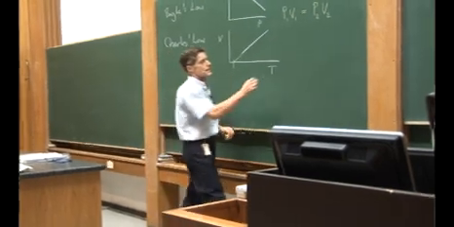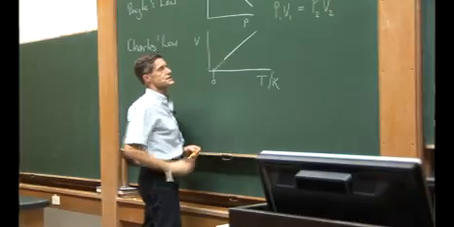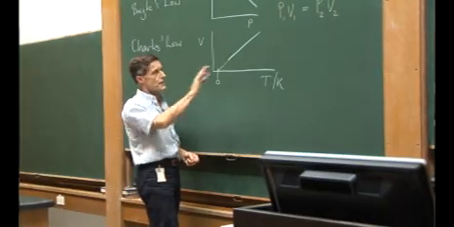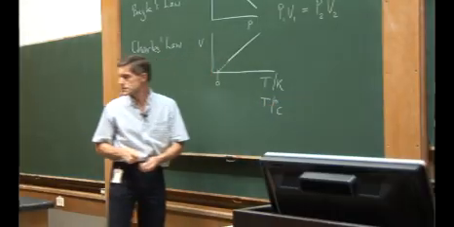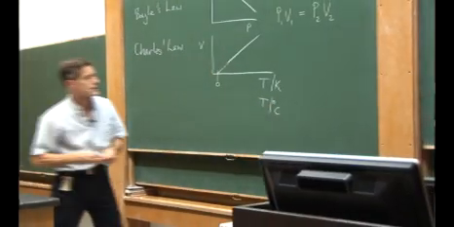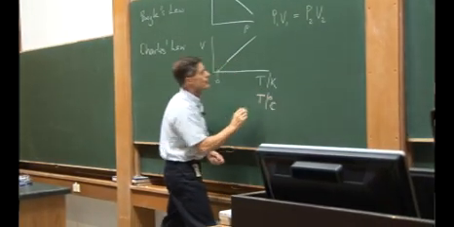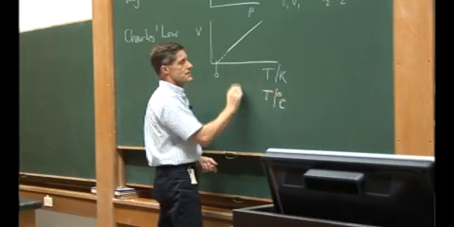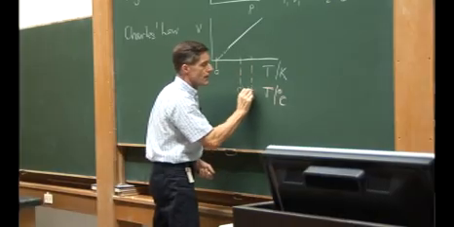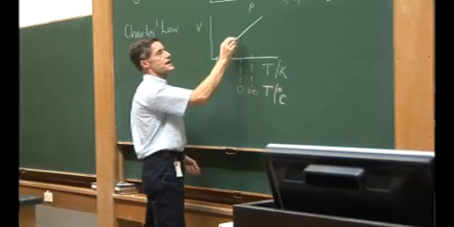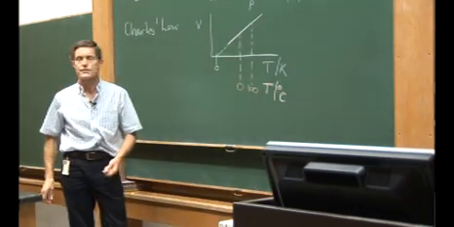So if I measure temperature in Kelvin, then absolute zero starts there and we go upwards. If I measure temperature in degrees C, and maybe I should color code this, I know that 0 degrees C and 100 degrees C correspond to this part of the graph.